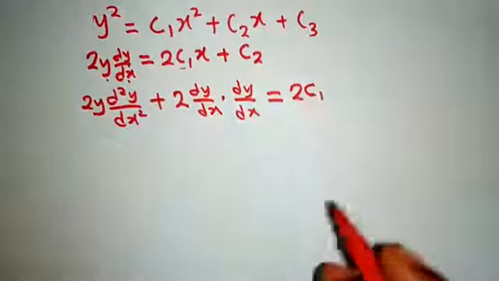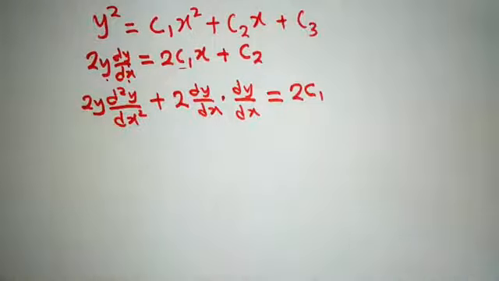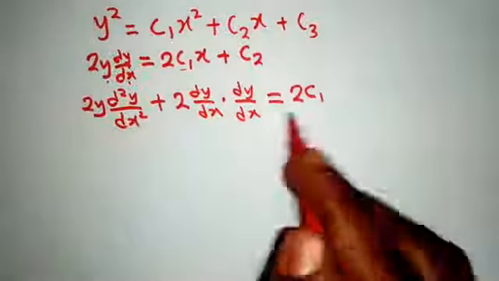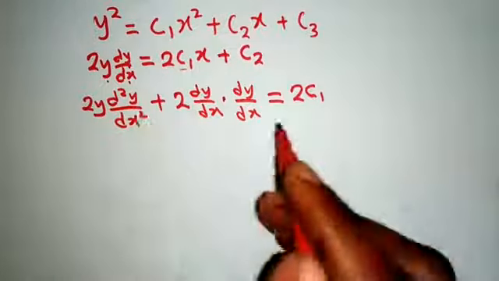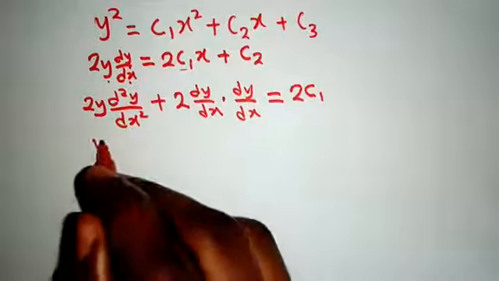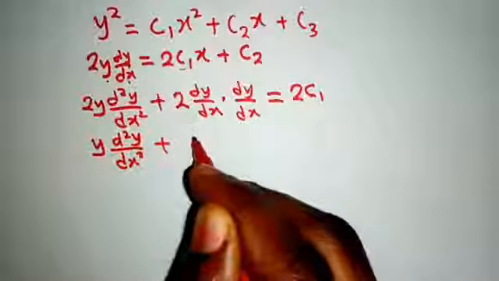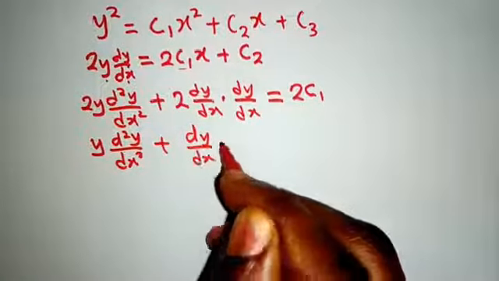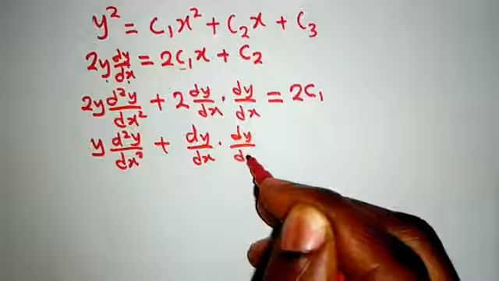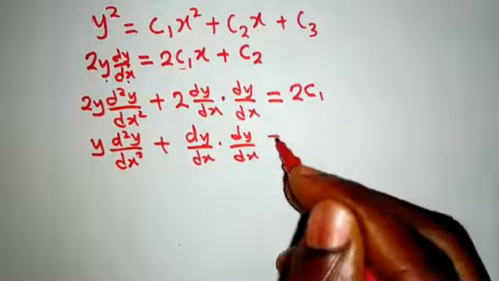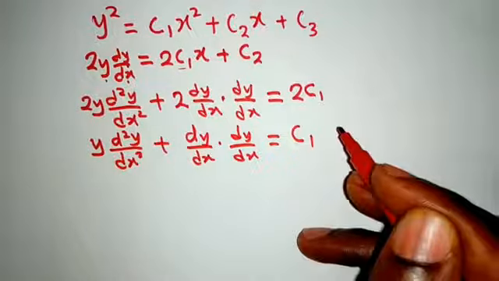So we have 0 there. Now, since 2 is common to the terms, we can divide through by 2 to get y d squared y/dx squared plus dy/dx times dy/dx, or dy/dx squared, equals c1.